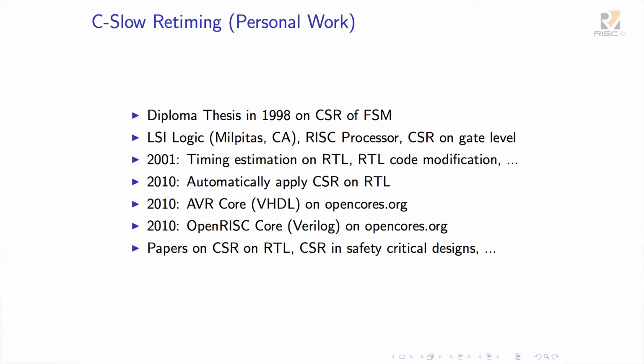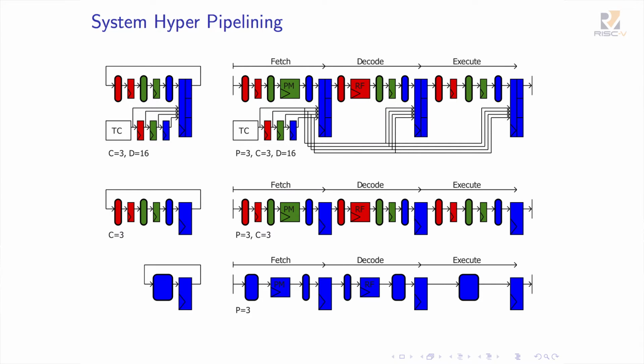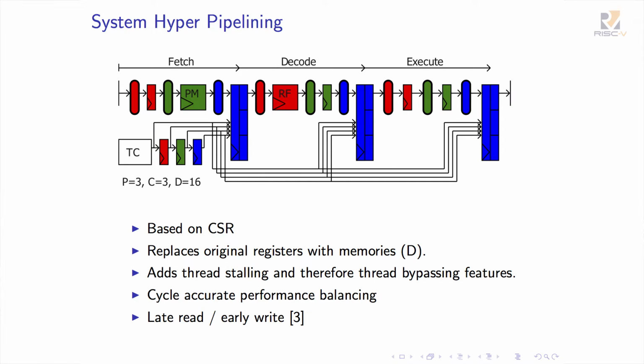Slow Retiming designs generate a lot of shift registers. So I thought, hey, replacing these shift registers with memories would actually be very helpful. And it turned out that it's also very helpful on system level. So I call the whole thing system hyperpipelining. So you replace the original registers with memories, and you add a thread controller. And the first aspect would clearly be that you can now run more threads than with Slow Retiming, right?